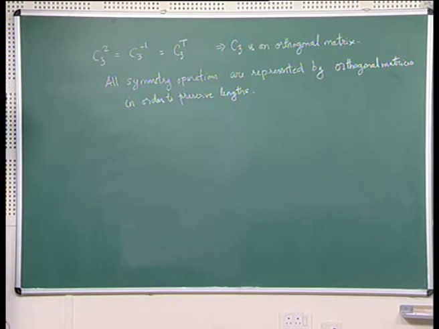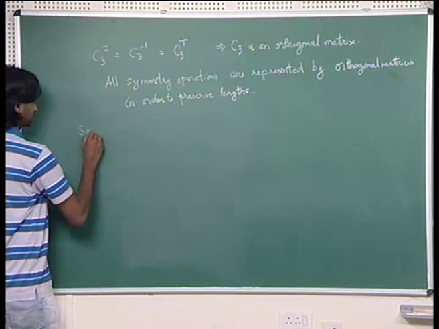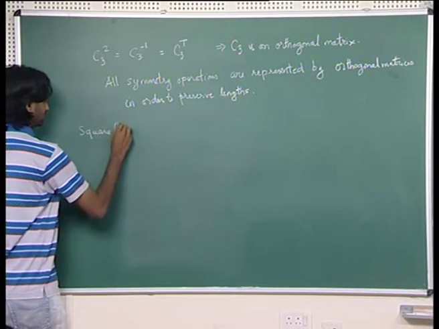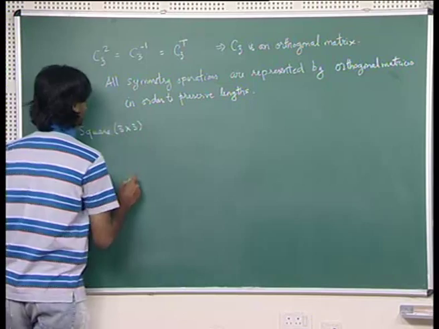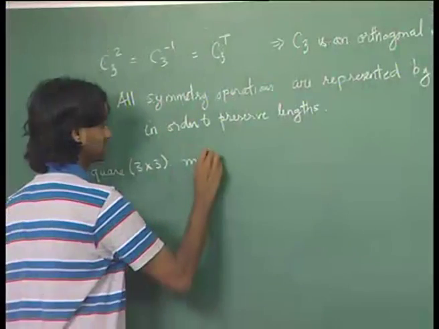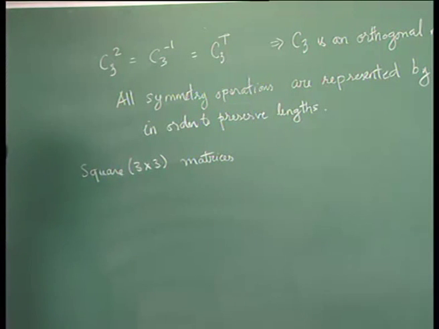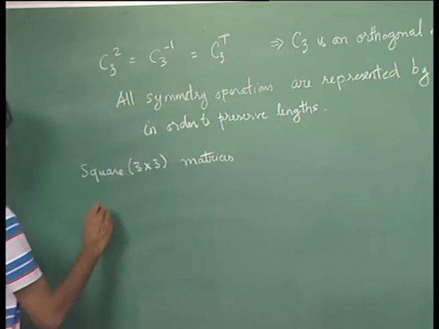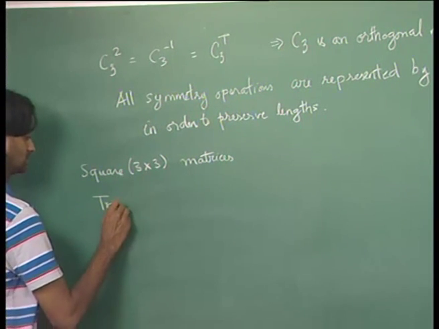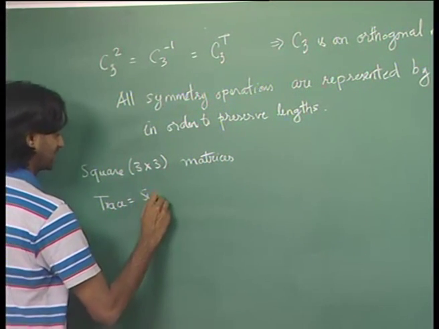The other feature that we see in this representation is that these are square 3 by 3 matrices. Okay. Now, for square matrices, a property of a matrix that is fairly useful is called the trace. Trace is equal to the sum of diagonal elements.